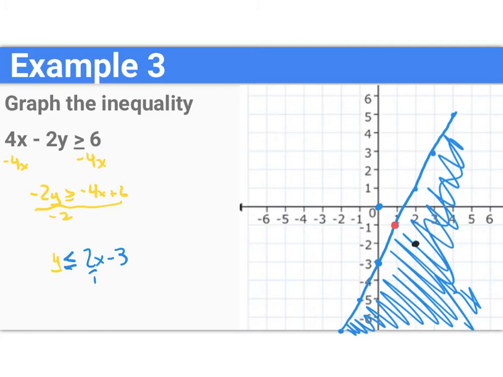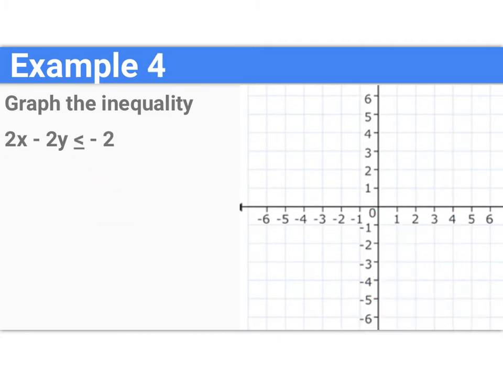All right, so there we go. All right, let's try one more example. Okay, again, switching into slope-intercept form, because that's the easiest form to graph. Dividing by negative 2 everywhere.